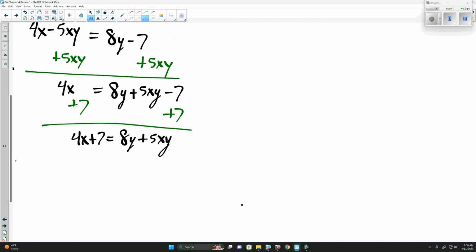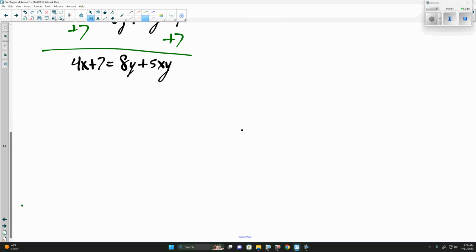Now, if you wanted to have done both of those steps in one motion, you could have, because we could have added 5xy and added 7 at the same time and would have gotten to the same place. Now that we've gotten here, we can factor out y from both the 8y and 5xy. If I factor a y from 8y, we have 8 plus. If I factor a y from 5xy, we have 5x.